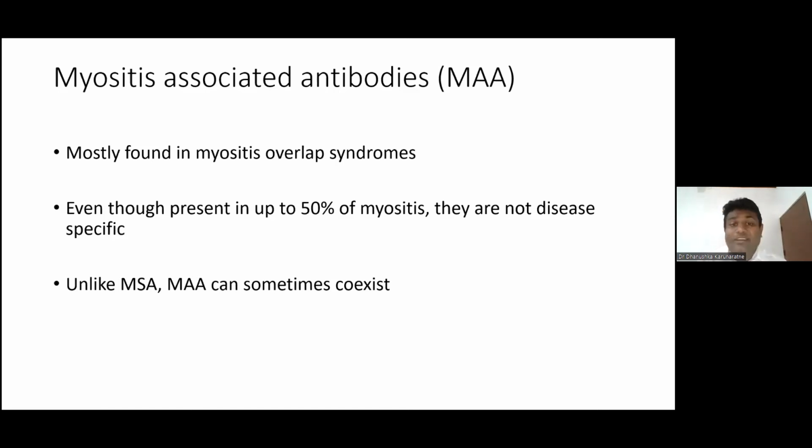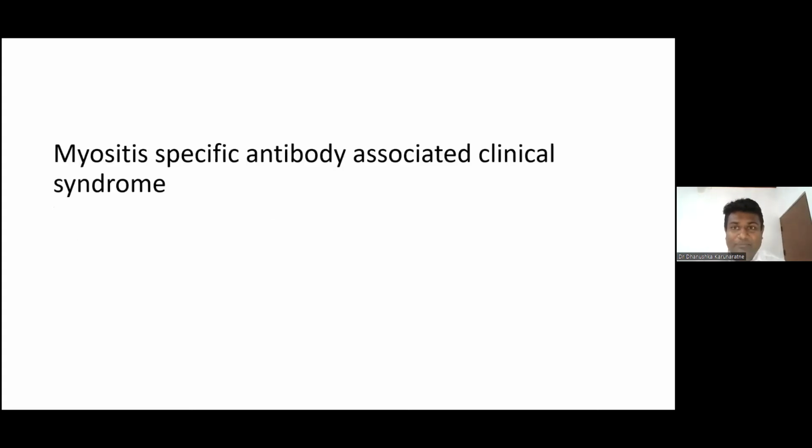This can be present even in the absence of myositis in other forms of autoimmune connective tissue disorders as well, and even among normal population without any clinical disease of connective tissue diseases. And sometimes, unlike MSA, more than two myositis-associated antibodies can coexist together.